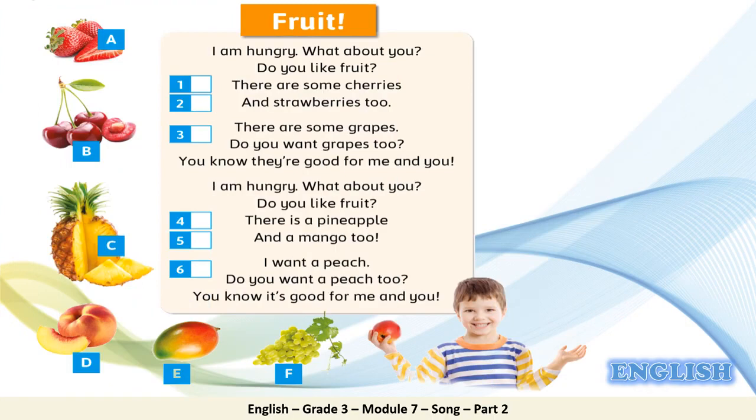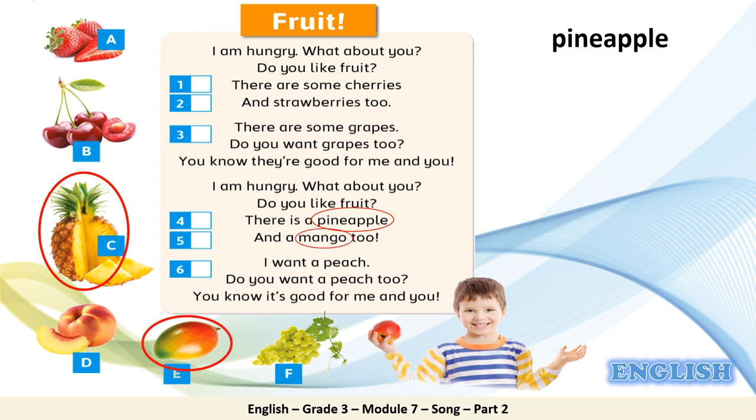And now, my dear students, I want you to notice something. The word pineapple. How many pineapples do you see? Excellent. There is only one pineapple. What about the mango? How many mangoes are in the picture? There is only one mango. Well done.